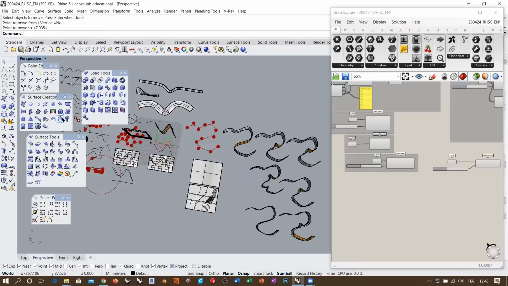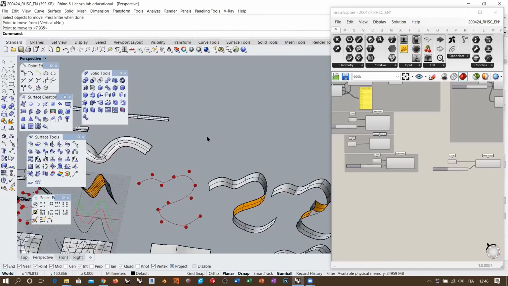So today we are not going to discuss the sweep to rail, but we are going to take a step, I don't know if further or back, it depends on how you want to see it. But to me, it's a step forward because we are going to analyze this command here, which is the blend surface. And this is going to be heavy, okay? So take a deep breath. We have 15 minutes more or less, but I will try to be as effective as possible, okay?